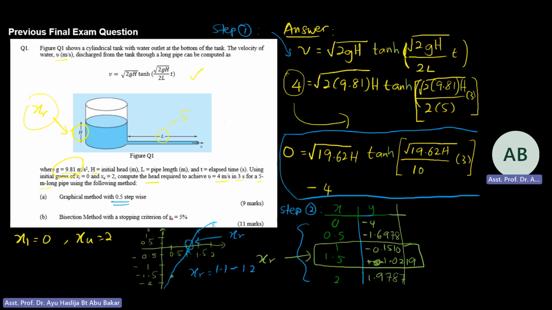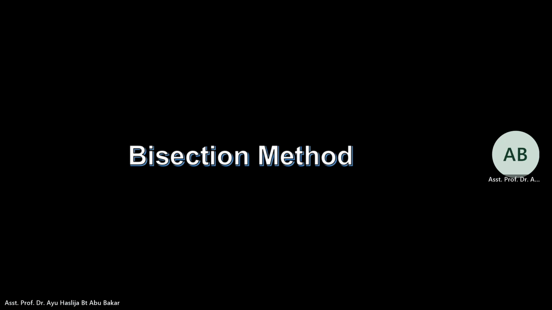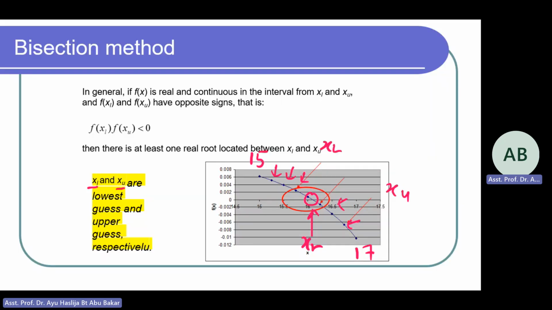Okay, if no question, I proceed to the next one because we still have time. This is the example of the previous example 1. So it plots the graph. This is the root that it gets. Now I move to the bisection method. In bisection, you will be given the first XL and XU value.